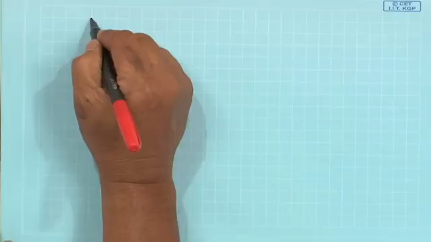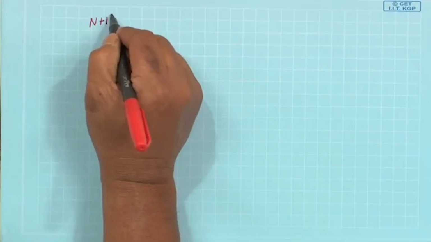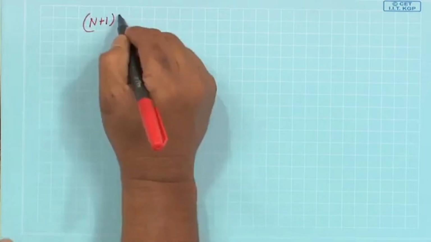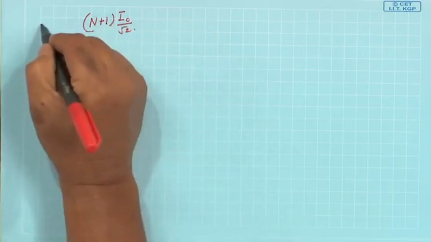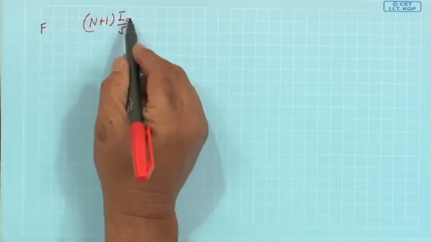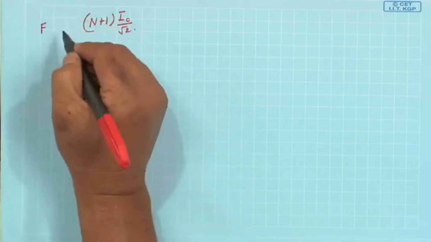Please note that at 3 dB points, the value of the array pattern f will be (n plus 1) I naught by root 2, because the peak was (n plus 1) I naught.